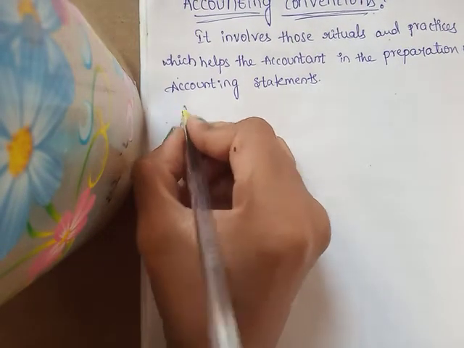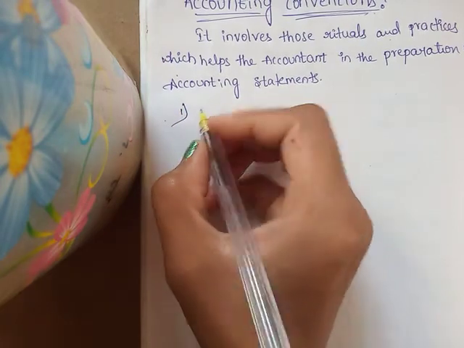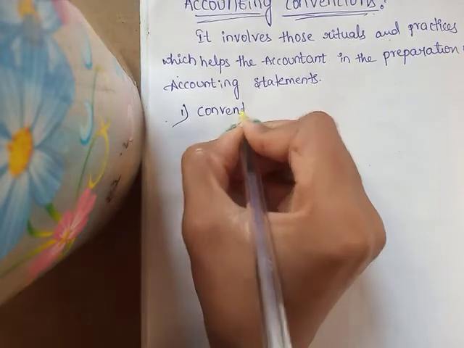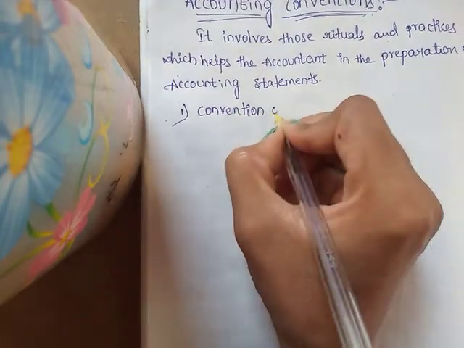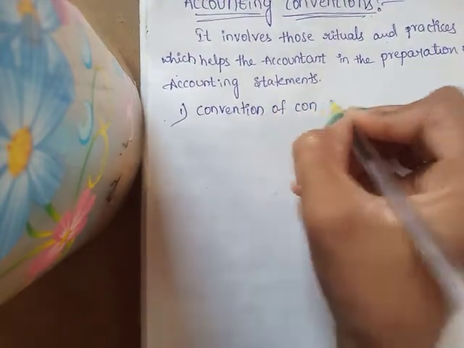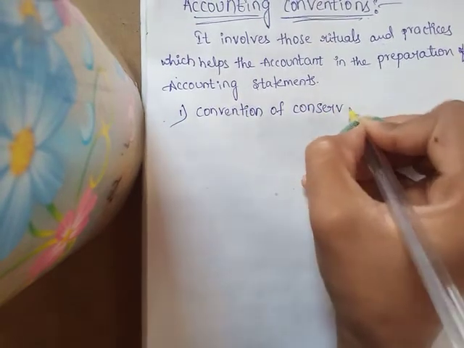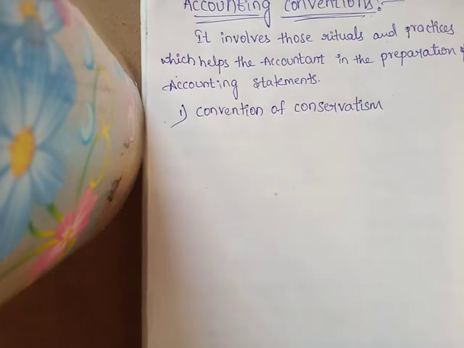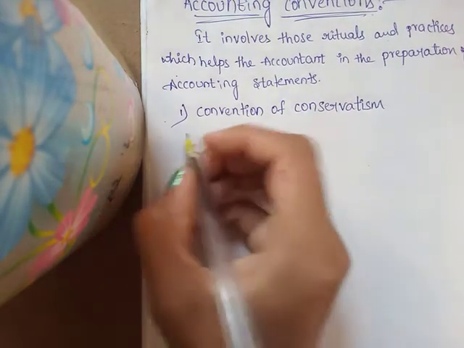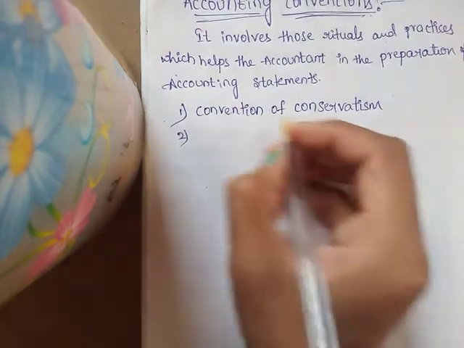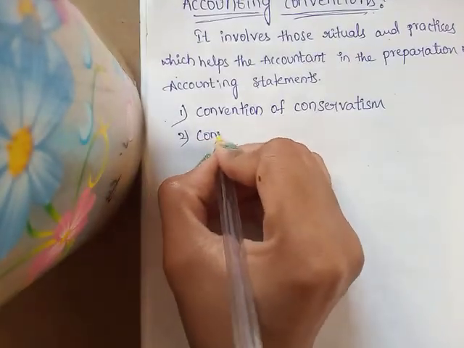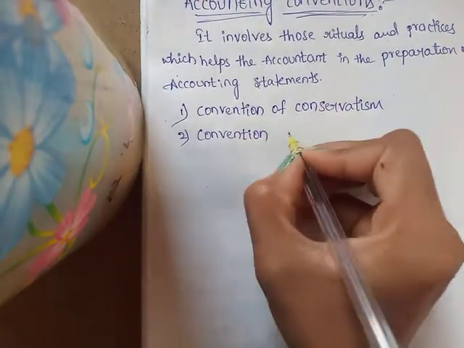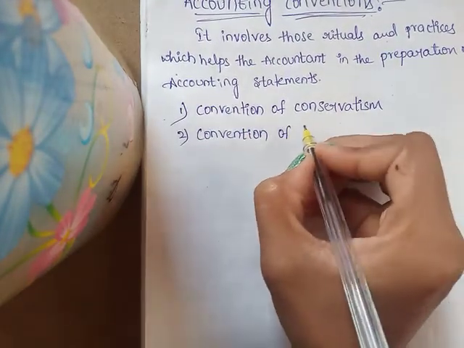First one is convention of conservatism. Second one is convention of full disclosure.